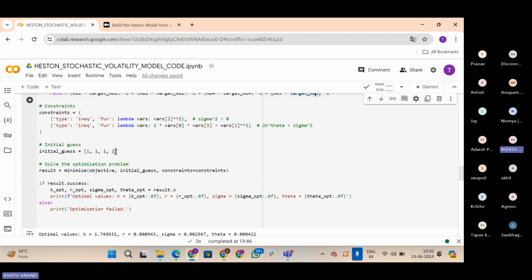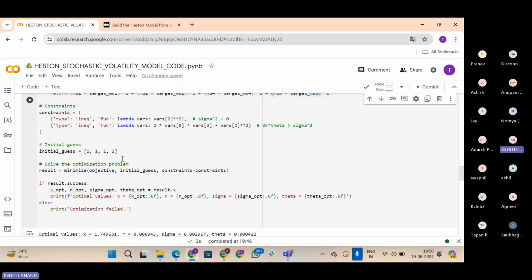You need to give an initial guess, and then it is a numerical optimization. You know what numerical optimization is, right? It tries to optimize the solution by minimizing the objective function. Initially the objective function will have some value, then the initial guess will be edited a bit, so it might become 0.3, 0.2.